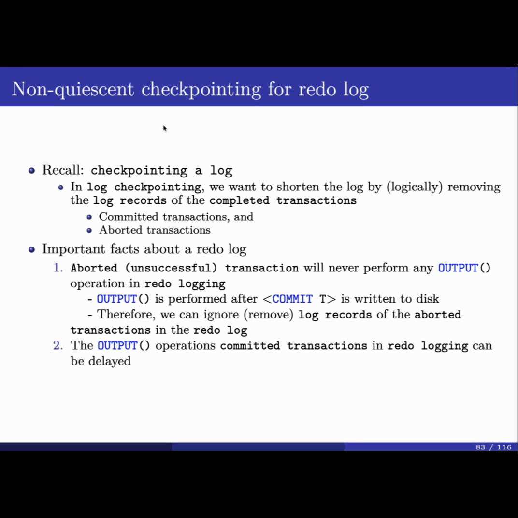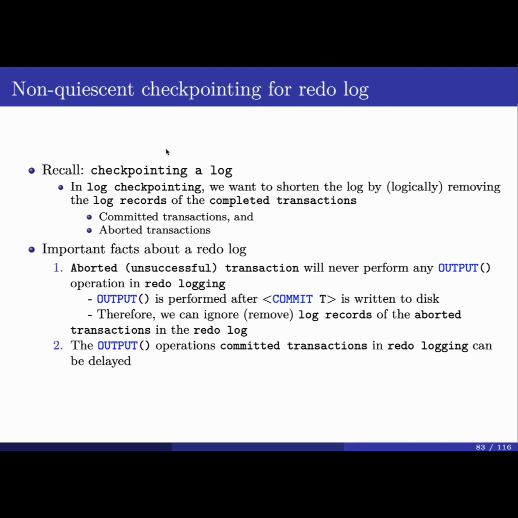I need to find a way to remove the log records for all the completed transactions. Because instead of wasting my time redoing all the committed transactions, maybe you can find a way to say that up to this point, for all the committed transactions, we guarantee that the changes made are reflected to the disk. That means there is no need to waste your time redoing them again.